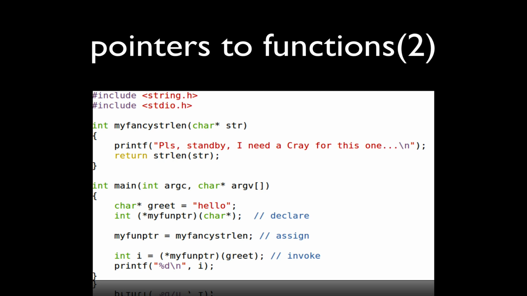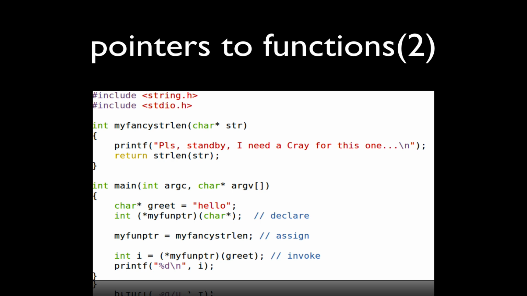The name of the variable is myFunPTR, and the function that it will be pointing at is expected to have a single input argument, char star, and a return value of int. So that's the declaration of my pointer to a function.